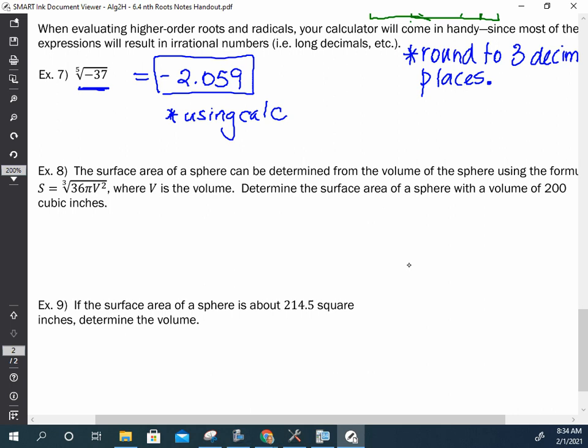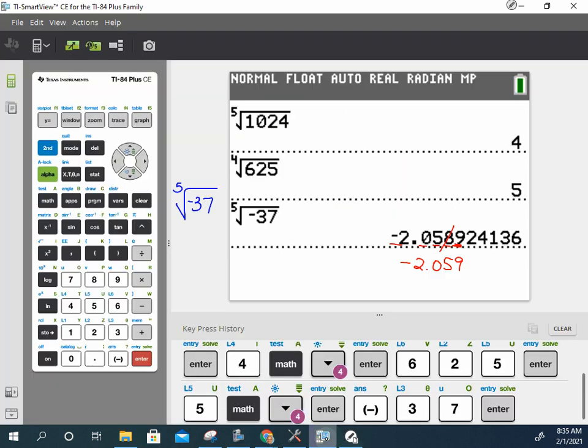We're going to take 200 and plug in for V. So that becomes the cube root of 36 pi times 200 squared, and we're going to let the calculator do that work.